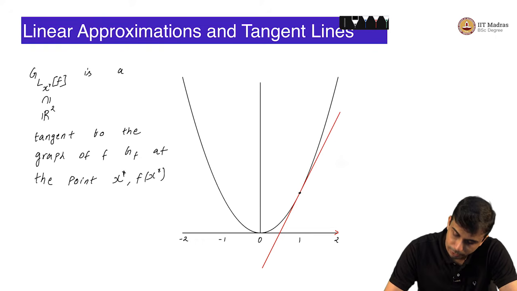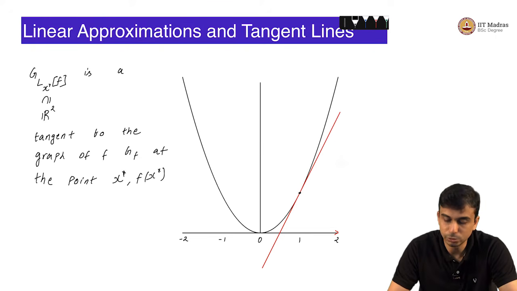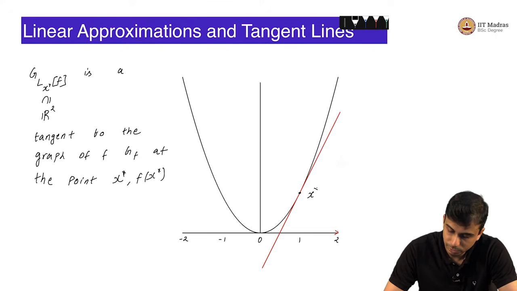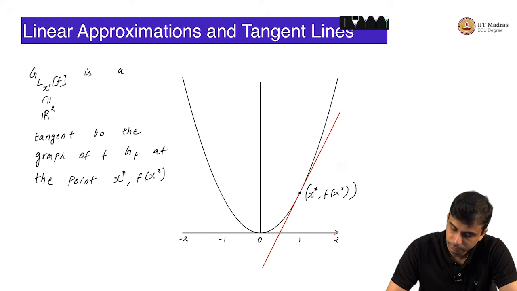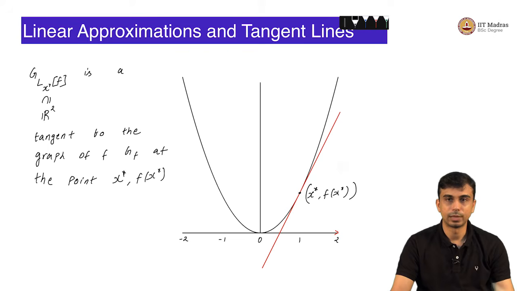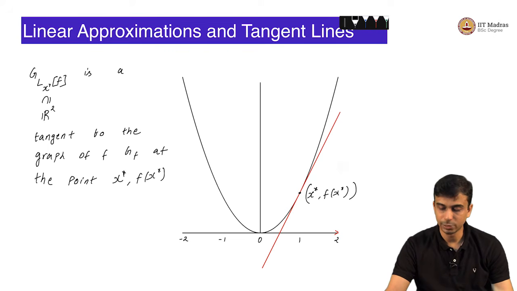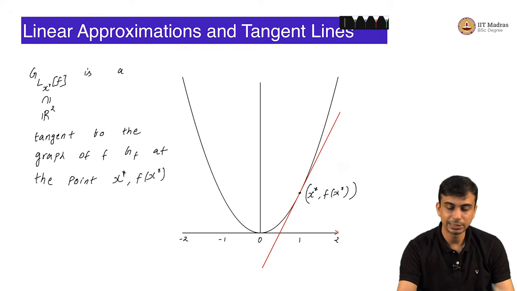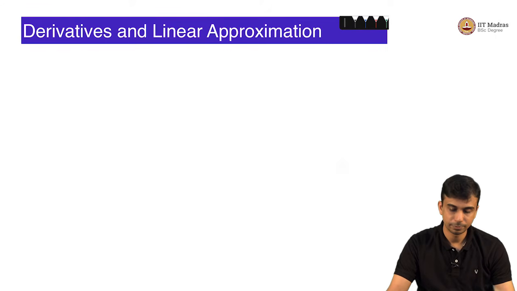So, this point is the point at which these two sets touch each other, that is x star comma f of x star. This is the definition of a tangent line, and the graphs of linear approximations form tangent lines to the graph of the function. Right.